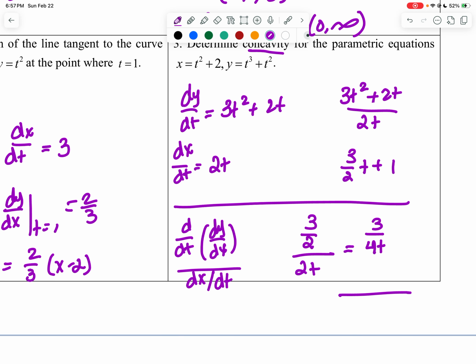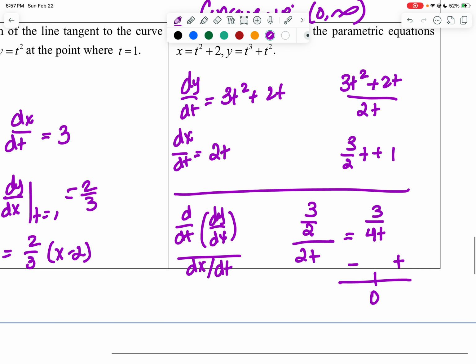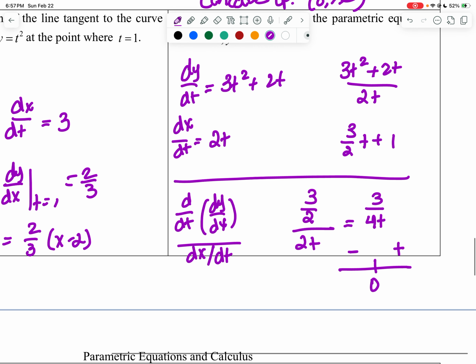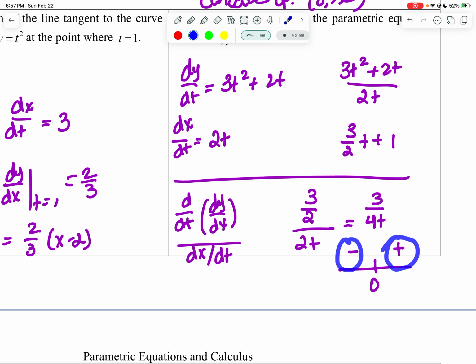And then since the only place where I am undefined or I have a 0 is going to be at t is equal to 0, make your little sign chart. We're going to be negative from the left of 0 and then positive from the right of 0. So once again, we have concave down from negative infinity to 0, and then we're concave up from 0 to infinity.